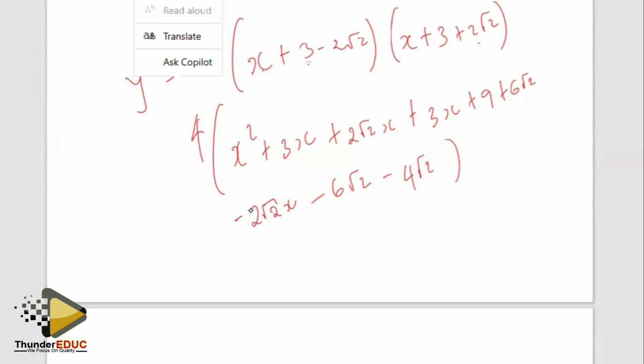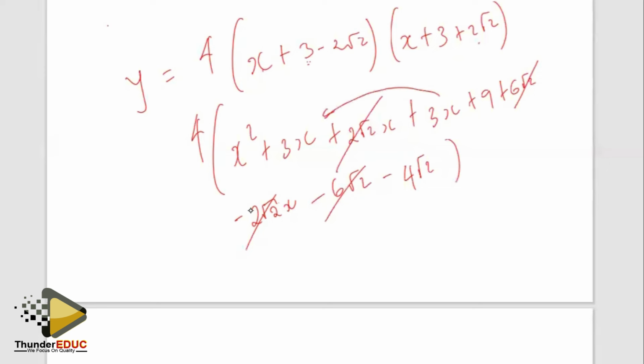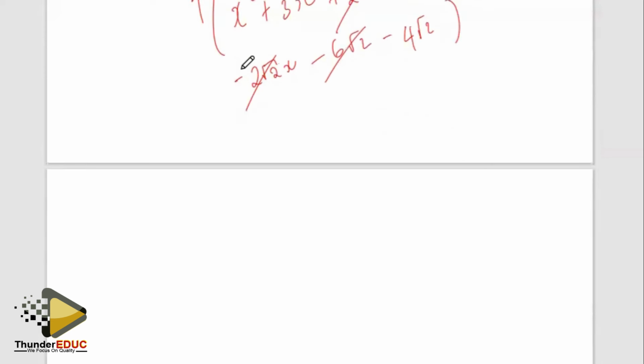So let's cancel what needs to be cancelled. So we're seeing the plus 2 root 2 and the minus 2 root 2. We're seeing a plus 6 root 2 and then a minus 6 root 2. Then this and that can combine up. All right.